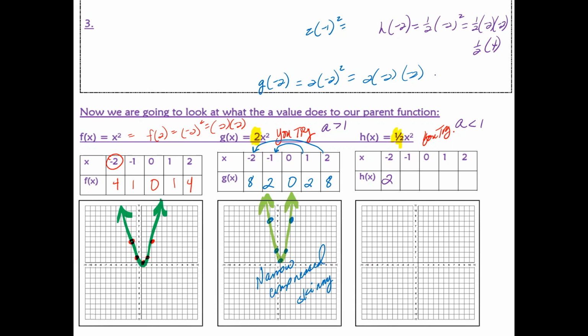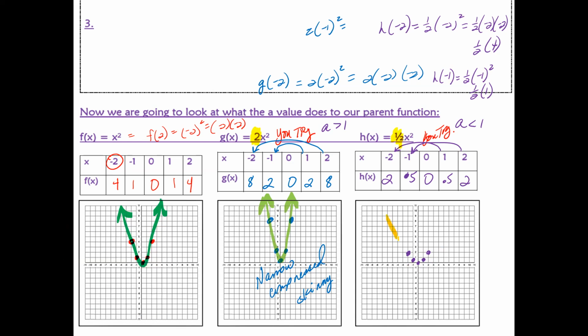When it's -1, that's 1/2 times -1 squared, which is 1/2 times 1, which is 0.5. Then 0, and as you know, it's a repeat: 0.5, 2. So let's graph this: (-2, 2), (-1, 1/2), (0, 0), (1, 1/2), and (2, 2).